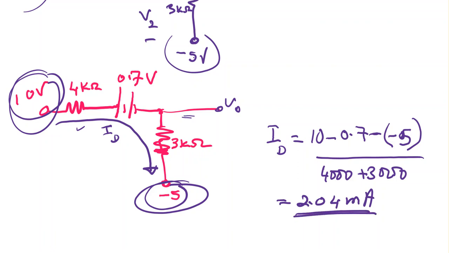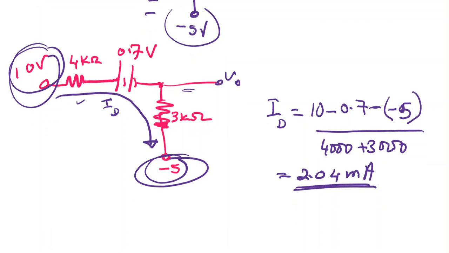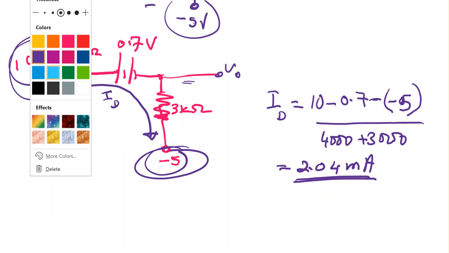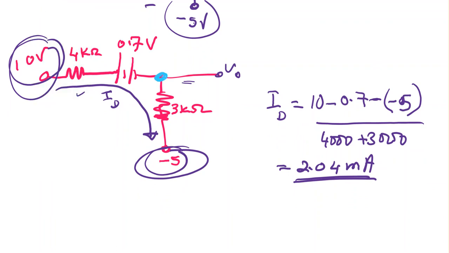milliamperes. So if somebody would like to say, okay, what is the voltage at this point here? That's easy. It's 10 minus 0.7, which is equal to 9.3 volts. But be careful now.